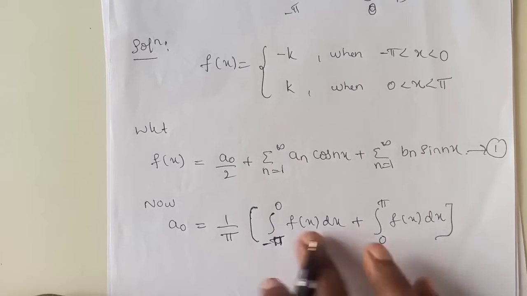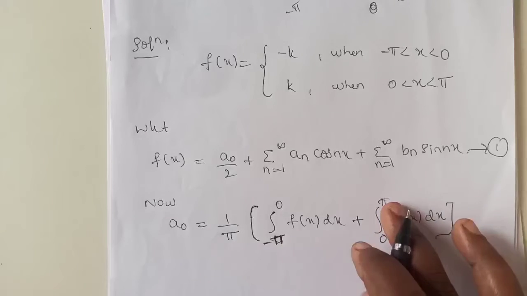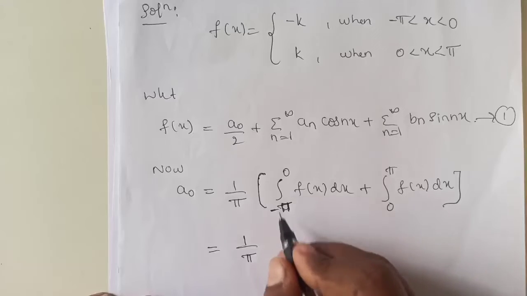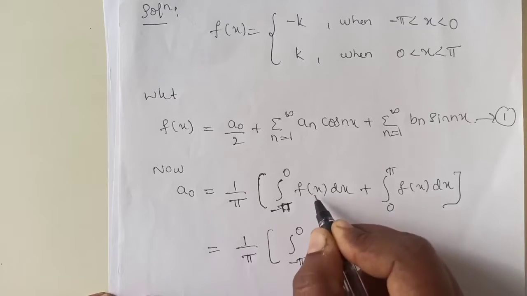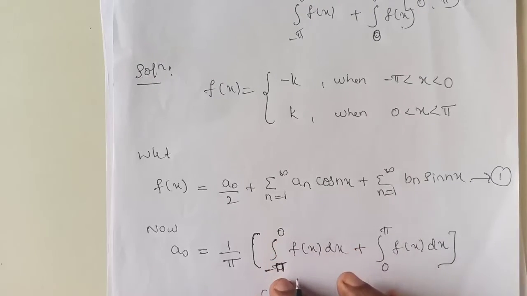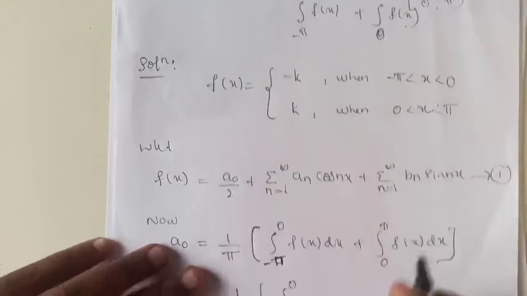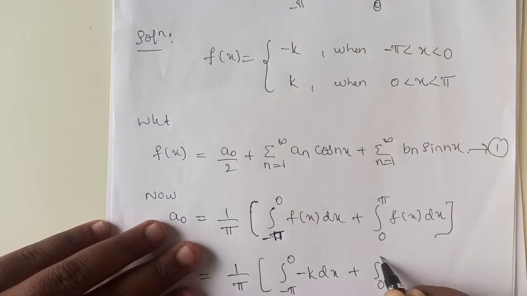Okay, so these are the limits, the given intervals are minus pi to pi only. This is equal to 1 by pi integral minus pi to 0. So when the interval is minus pi to 0, then f of x value is minus k. So it is minus k into dx plus integral 0 to pi k dx.